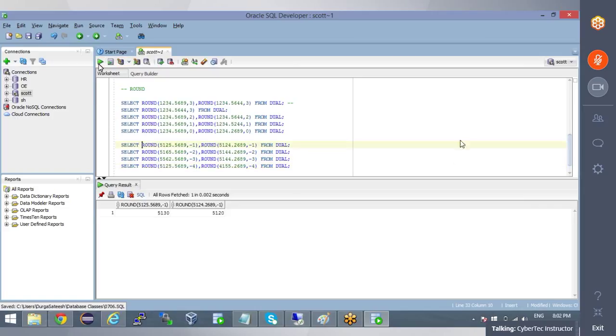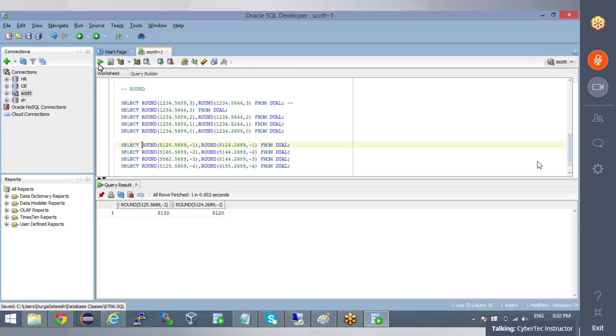Right, I'm executing this part of the query. See the output. Now what has happened here? So whenever I set the values in positive or zeros, what are the actions that we have taken?